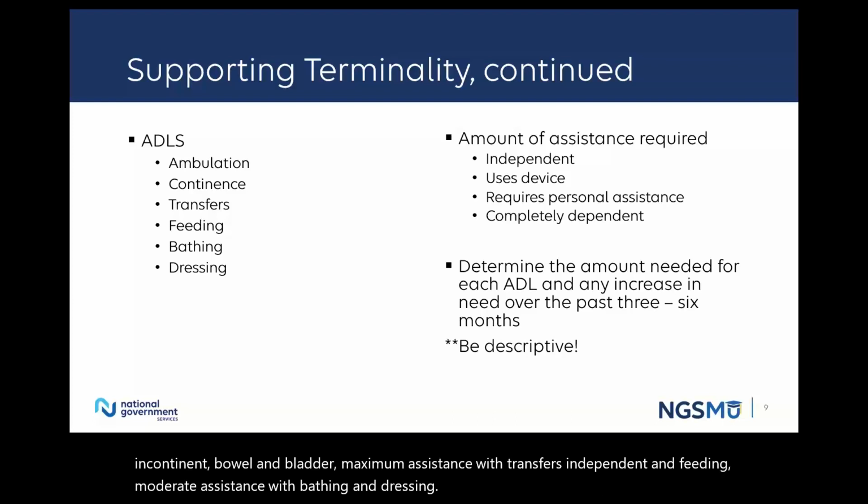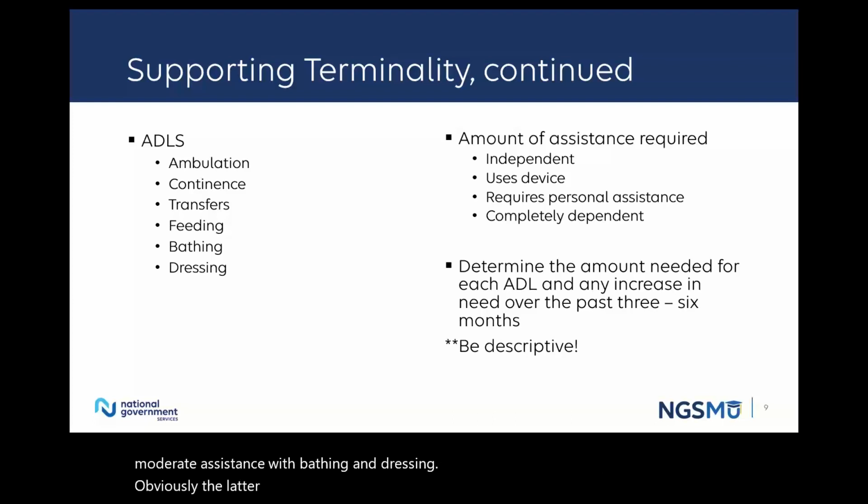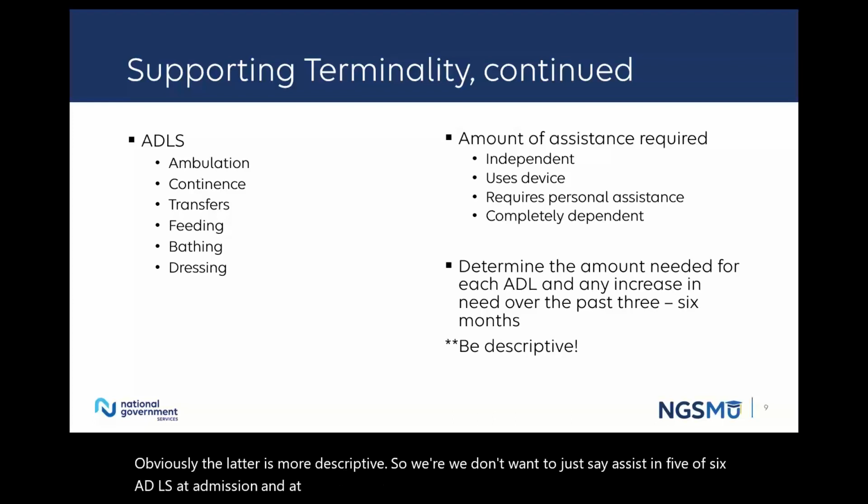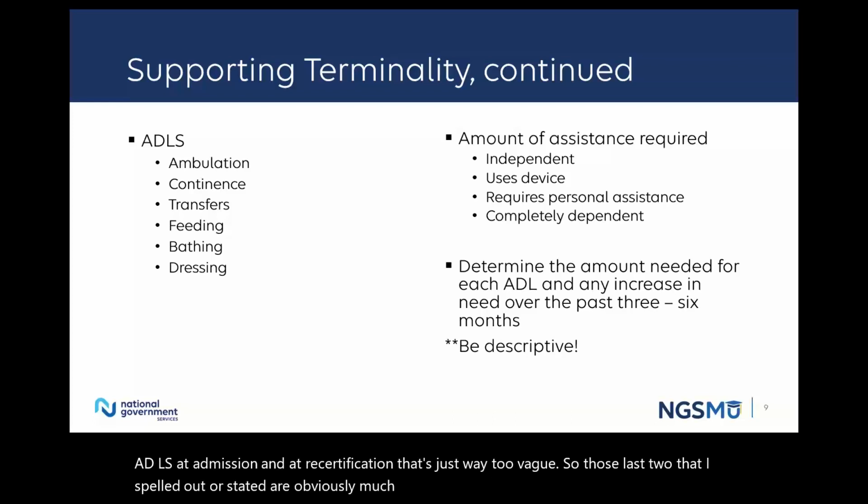Well, obviously the latter is more descriptive. So we don't want to just say assist in 5 of 6 ADLs at admission and at recertification. That's just way too vague. So those last two that I spelled out are obviously much more descriptive.